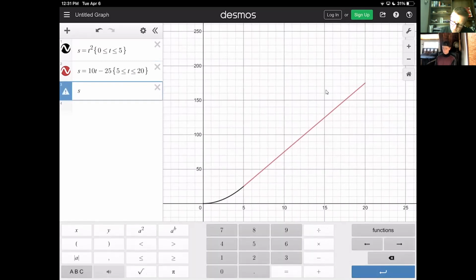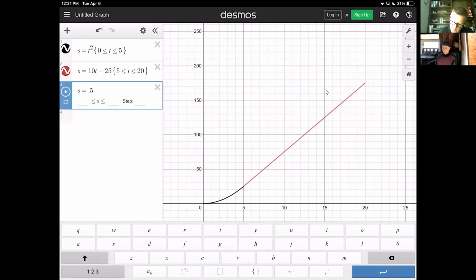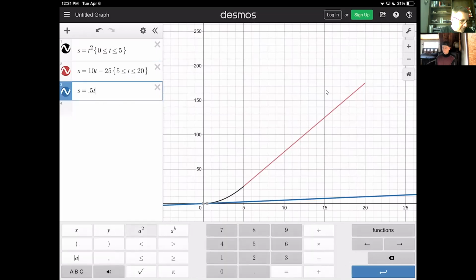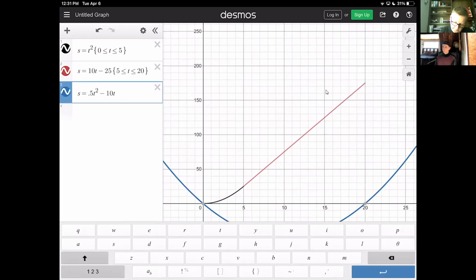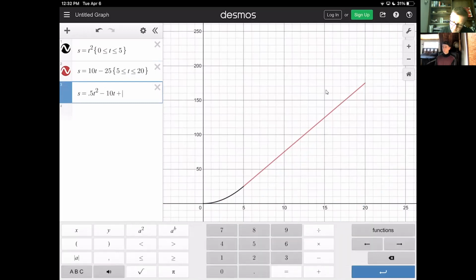It was S equals 1/2. I'll type 0.5 times t squared minus 10t plus 175. Again, super cool that it picks up exactly where the other one left off.